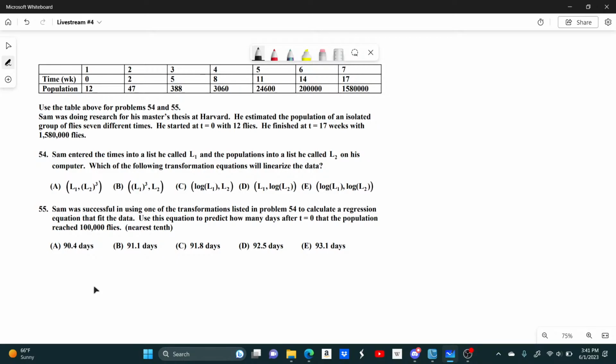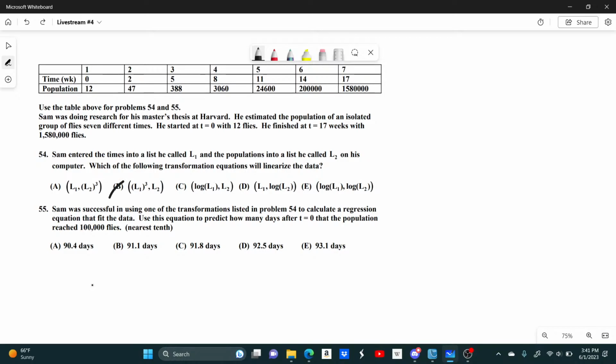Okay. So the way that I like to do these is you basically just have to do a linear regression and see which one gets you the closest to linear. I'm not really sure if there's a way that you can look at it and decide besides just intuition. So I'm looking at this and I'm like, well, my populations are growing much faster than my time, and so I can probably eliminate this one.